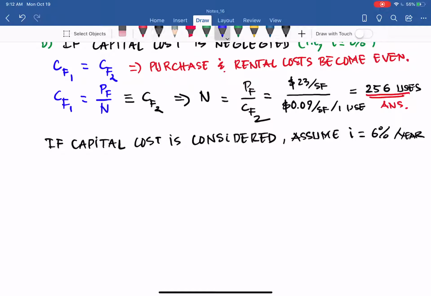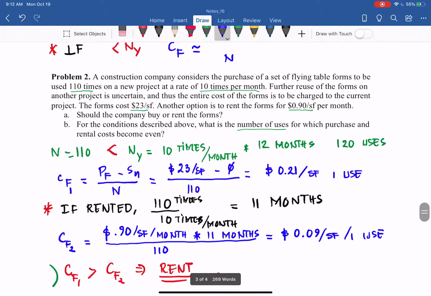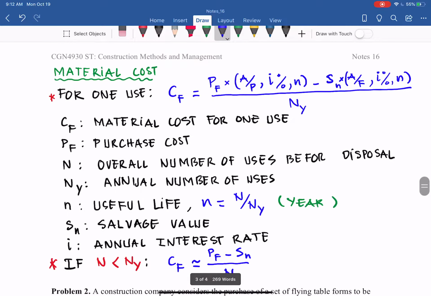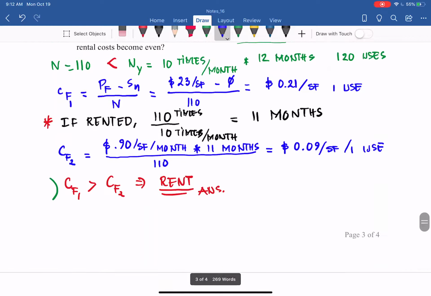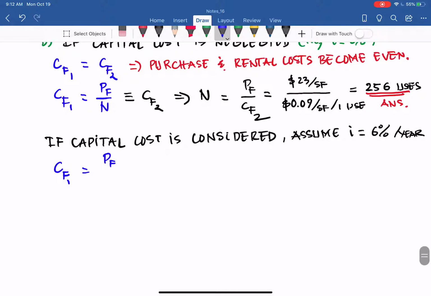In that case CF1 equals PF, the equation we used earlier, PF A over P, I percent, N, and SN equals 0, so we don't need to write the second component. So PF times the factor A over P, 6%, N over NY.